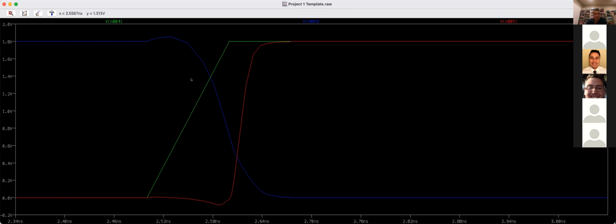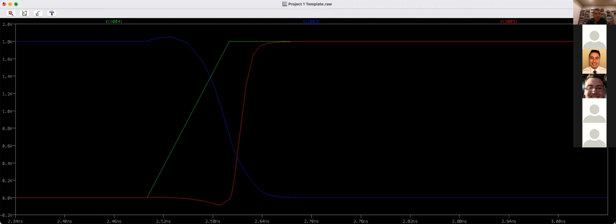Notice that the blue has a much longer fall time than the red's rise time. It's because the blue inverter is loaded down with the 10 femtofarad capacitance and another inverter like itself, whereas the second inverter isn't loaded down with anything, so it just sort of jams.